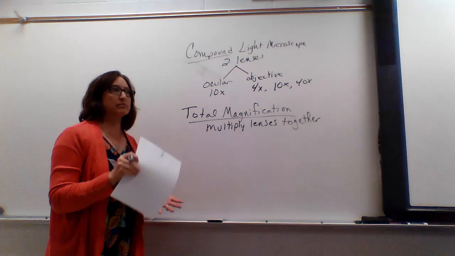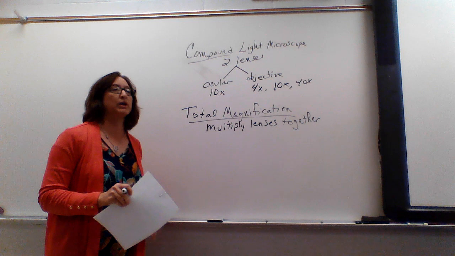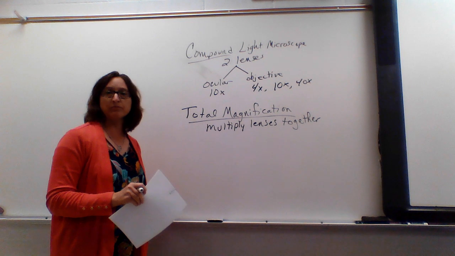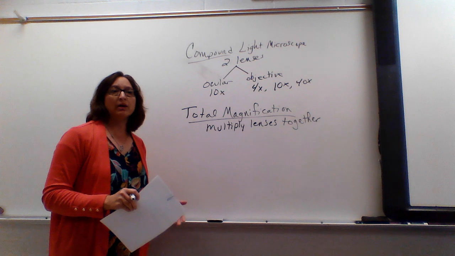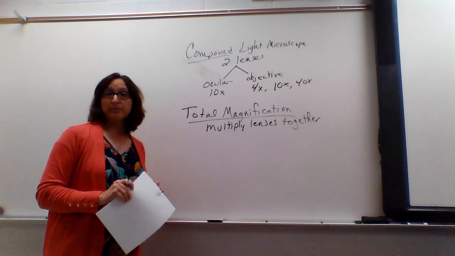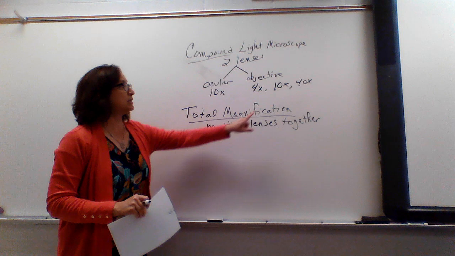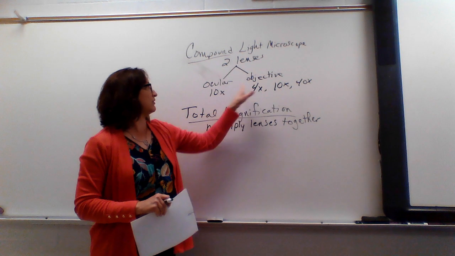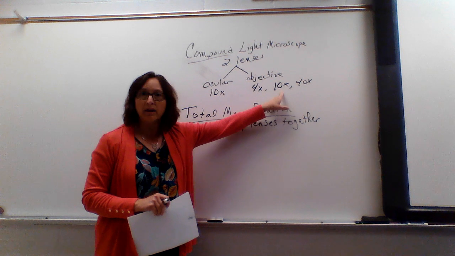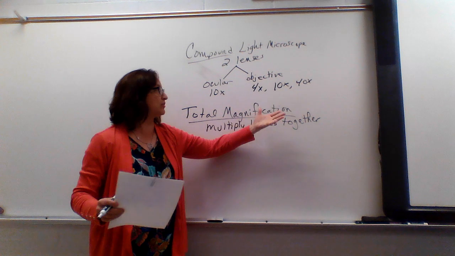That's the most common mistake also the kids will make when I have a quiz and I ask them for the total magnification if you're using medium power. Okay? Medium power is this one right here. And they would like to tell me that it's 10 plus 10, and that's 20, and that is not correct.